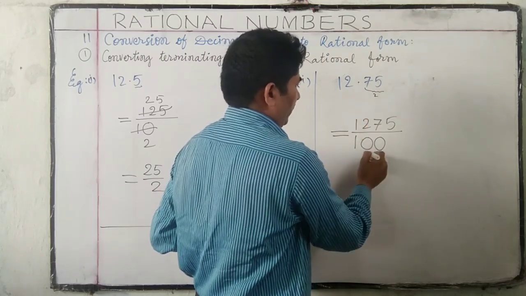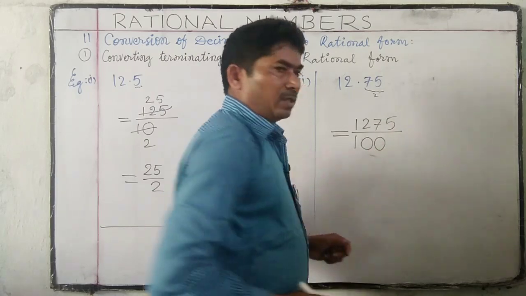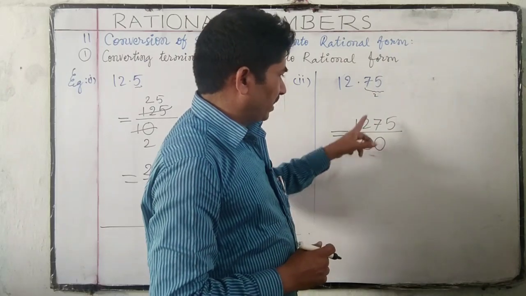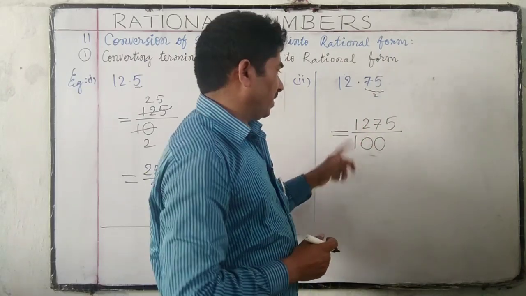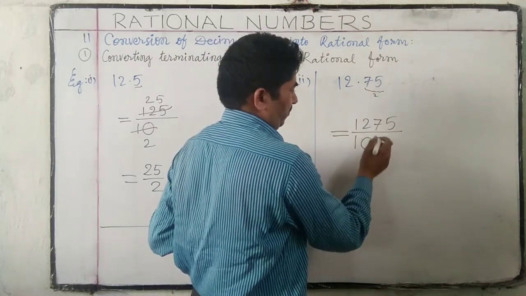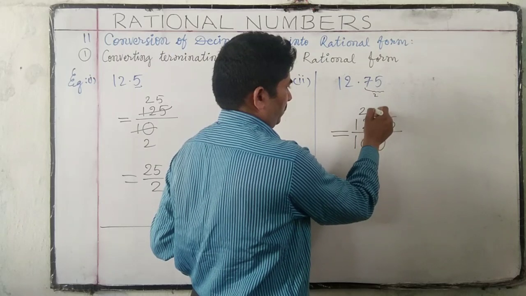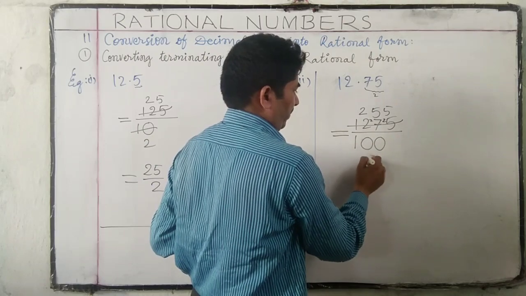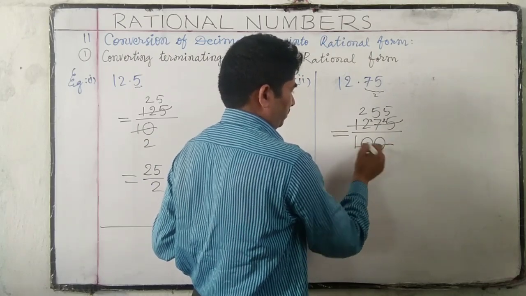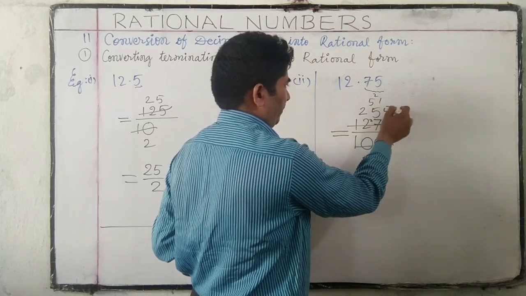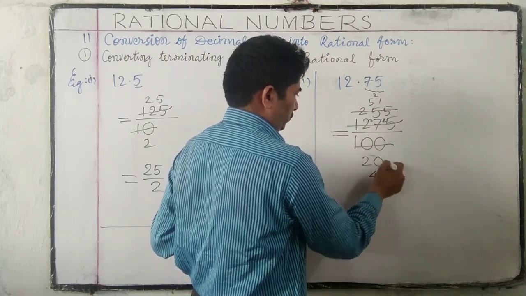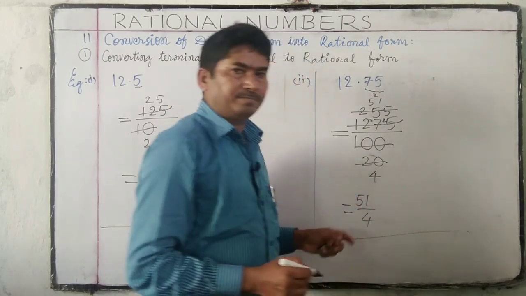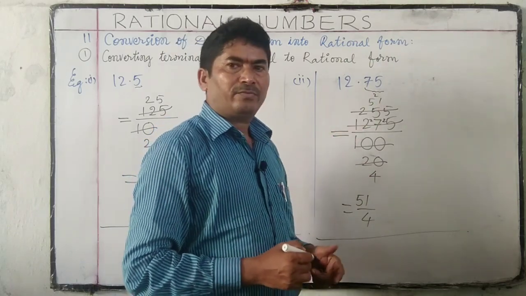So here there are 2, we write 2 zeros. If possible, we make it in simplest form. These have 5 as a common factor, so we cancel by taking 5. 51 by 4. This is the simplest form for 12.75.